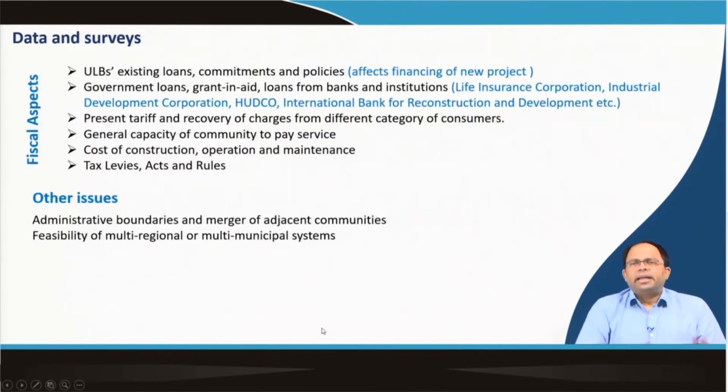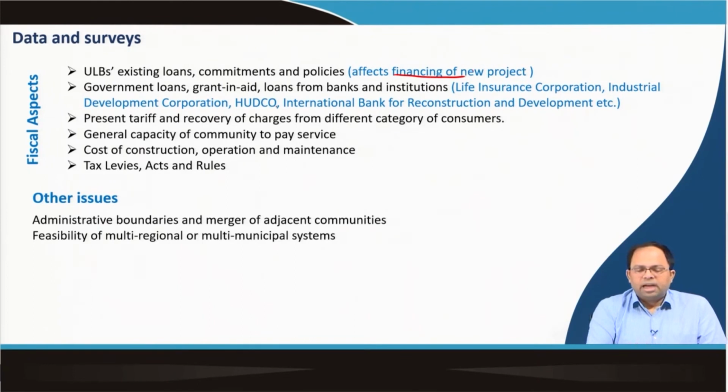So, these are the technical part, but we also need to understand the other aspects, the fiscal aspects particularly related with the ULB, because it is the ULB which is going to implement this kind of infrastructure or projects. So, the existing loans, commitment and policies of the ULB need to be looked into, and this will affect the financing of new projects.